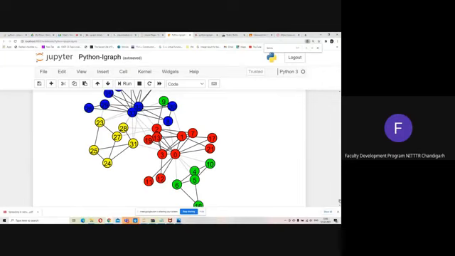Just give me a second, I'll tell it. In the case of iGraph and Python, also you have a library. Just give me a moment. So this one actually, I think it works.